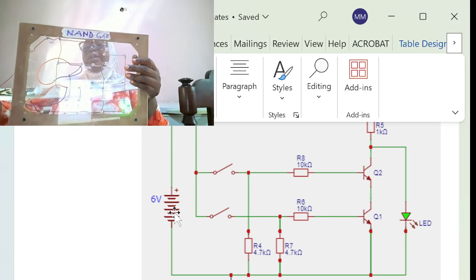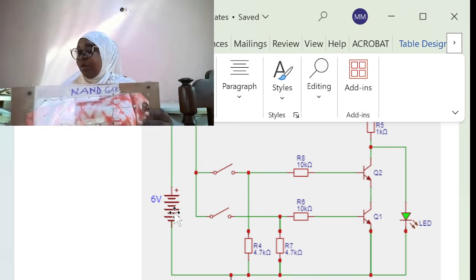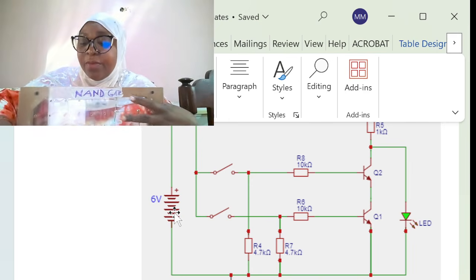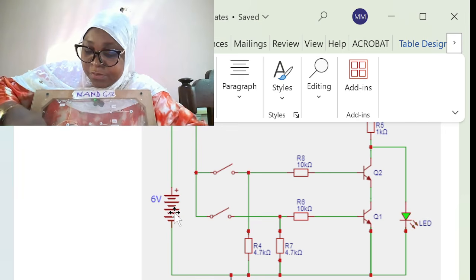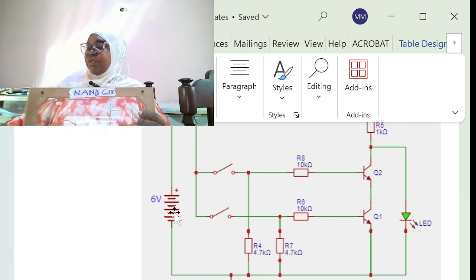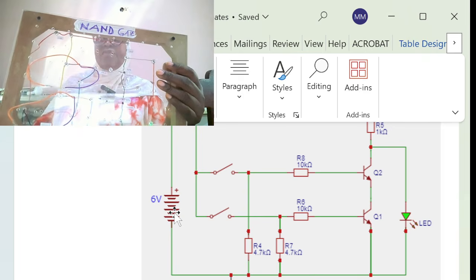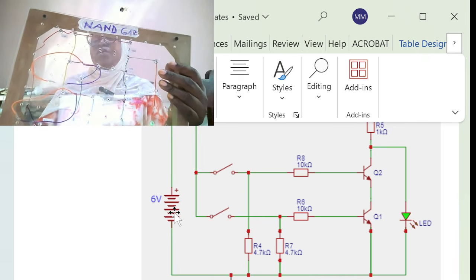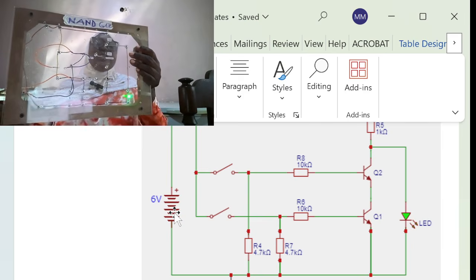Switch 1 is open while switch 2 is closed. Or you can close switch 1 and open switch 2. Switch 1 is on, while switch 2 is off. Or switch 1 is true, switch 2 is false. The result is similar.